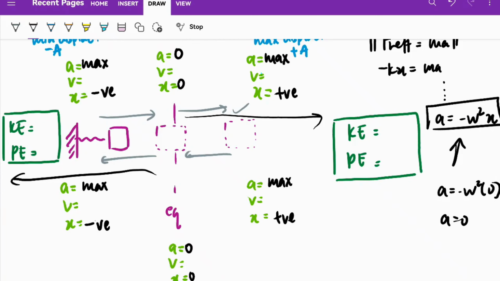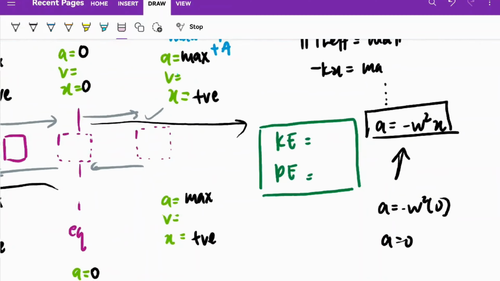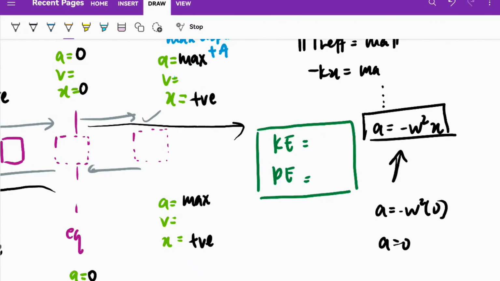Now, the last one here, velocity. What will your velocity be at your maximum displacement? When it moves here, then when it turns, it actually stops. It momentarily stops before reversing its direction. Am I right?